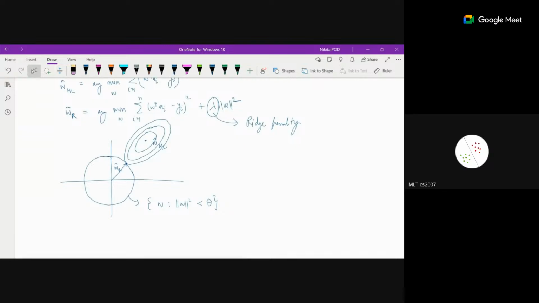Moving forward from here, one more thing that we saw is that in the ridge regression problem, we are trying to push more and more of the weight vector to be as close to zero, but it is not entirely zero, right?